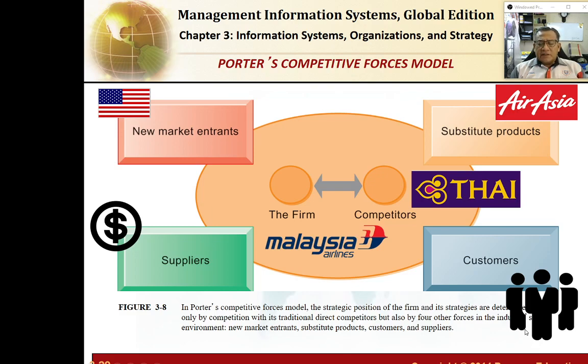And Enrich Club is basically a mechanism in order to retain Malaysia Airlines customer in the form of accumulation of points. So the more you use Malaysian Airlines, the more points you accumulate. So those are basically five Porter's competitive forces model that basically competing each other, pushing and pulling each other in order for them to survive, having good competitive edge in their business operation.